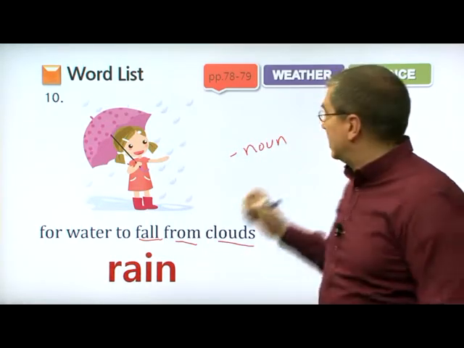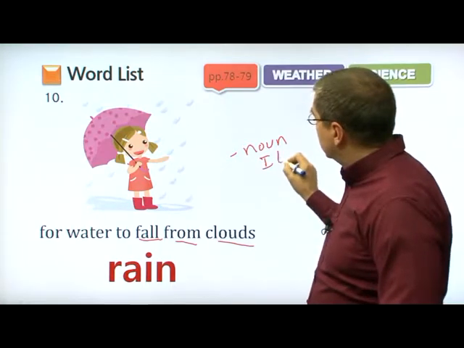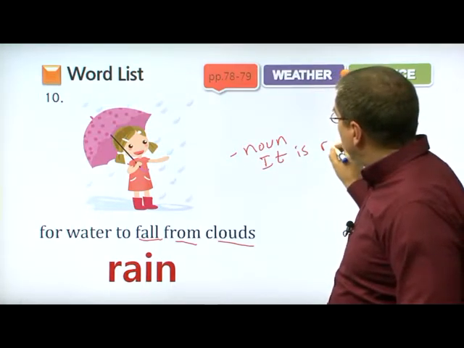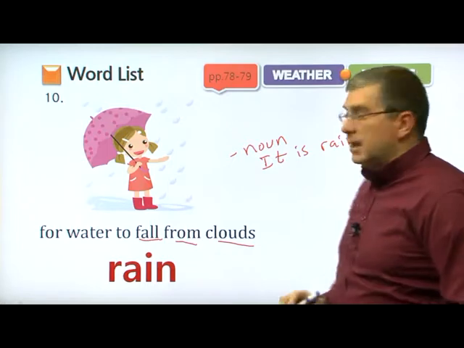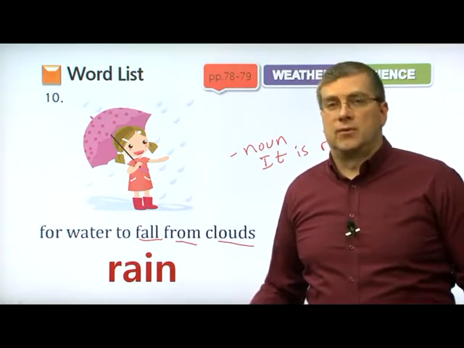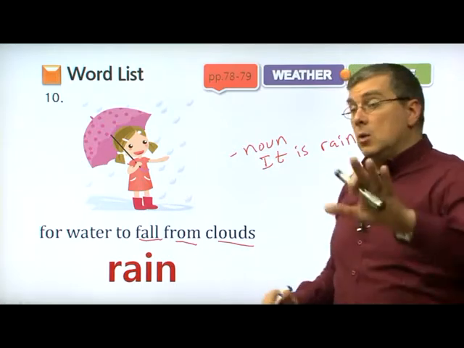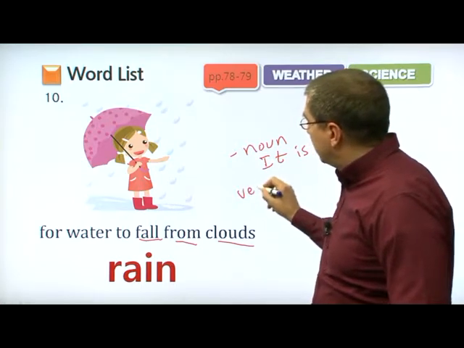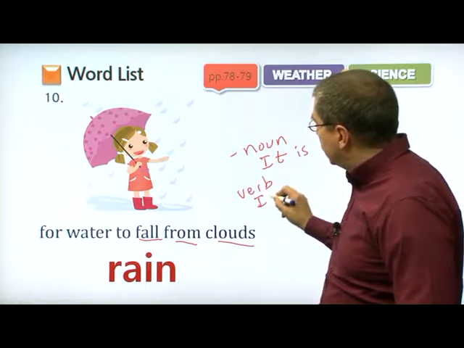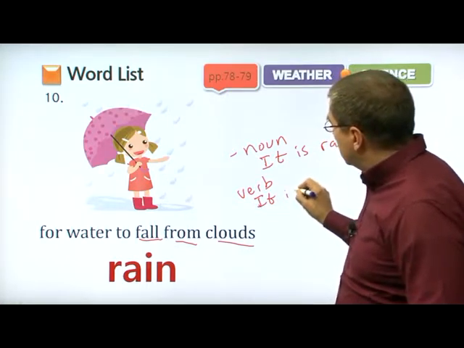Now, rain can be a noun, right? We can say, there is a lot of rain, or there's just a little rain. That's a noun. We can also use it as a verb.